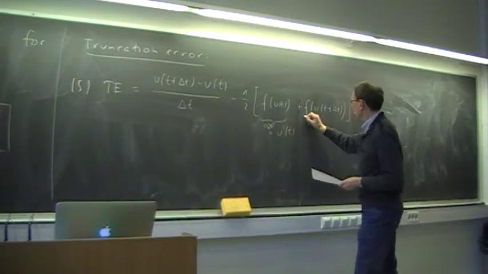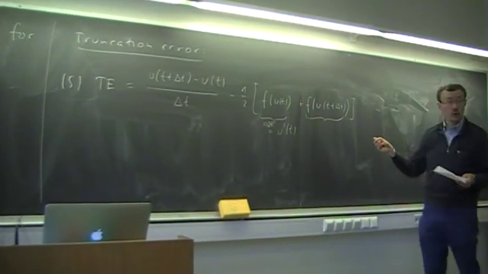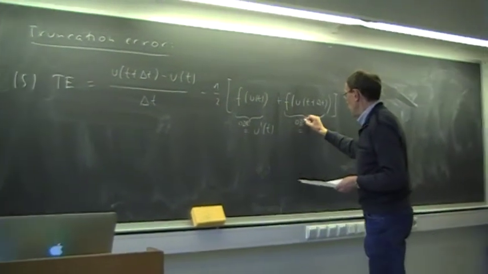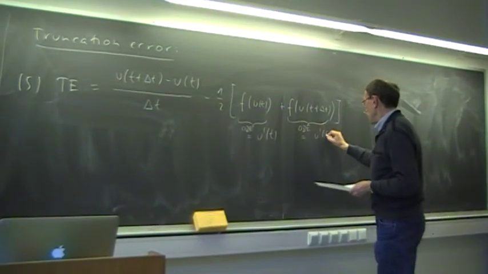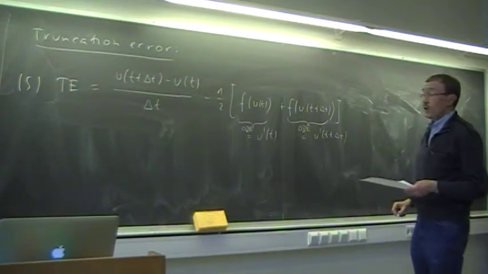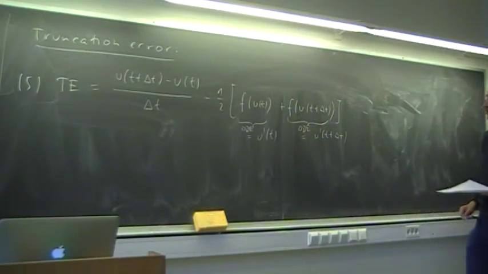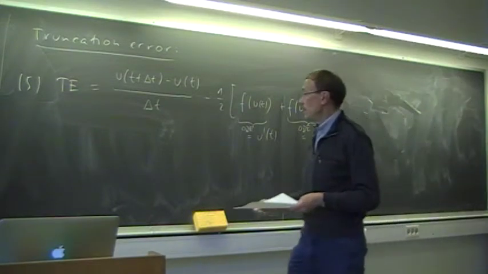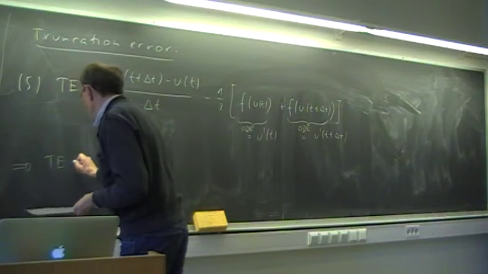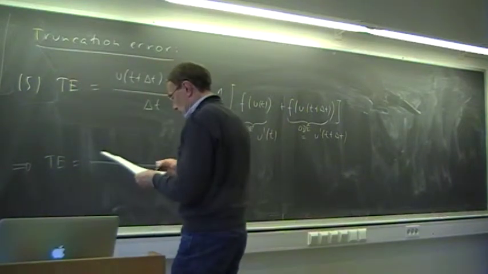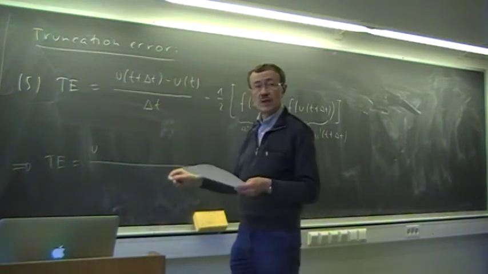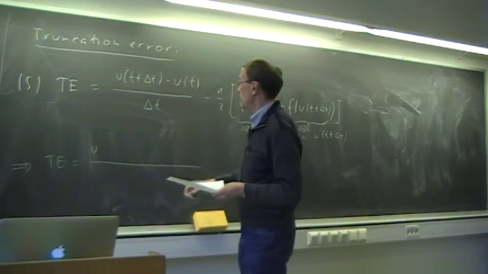And likewise here, that is just at the new time level. Again, we use the ODE, and that is then the u prime of t plus delta t. And then we can do Taylor expansion, and we find then that the truncation error is, we do first for u. I skip now the t, we do the Taylor expansion around t.